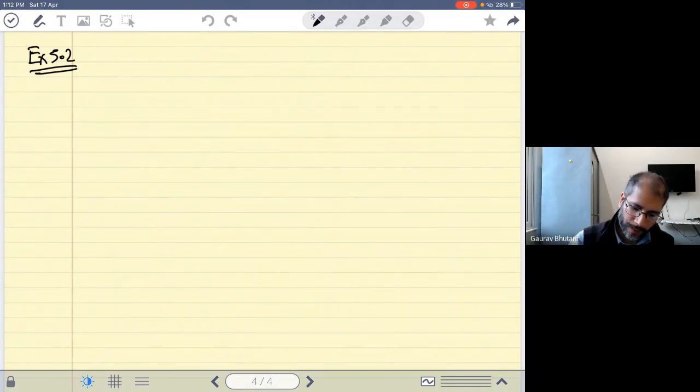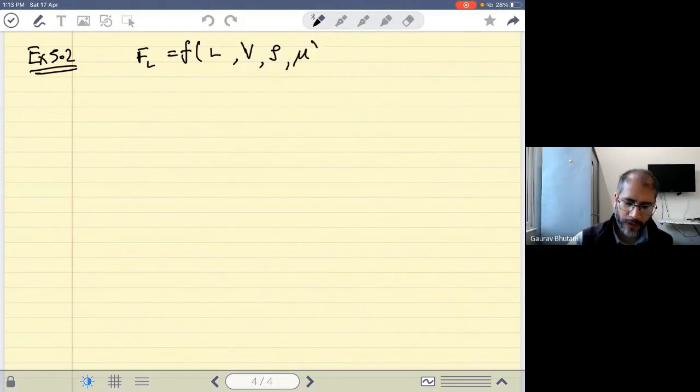So the first example is the same aerofoil example, the lift on an aerofoil example that we discussed last time. It's been seen from experience that the lift acting on an aerofoil is a function of the length of the aerofoil, the wind speed across the aerofoil, the density and viscosity of the fluid. So it's this kind of functional relationship that we have obtained from experience.